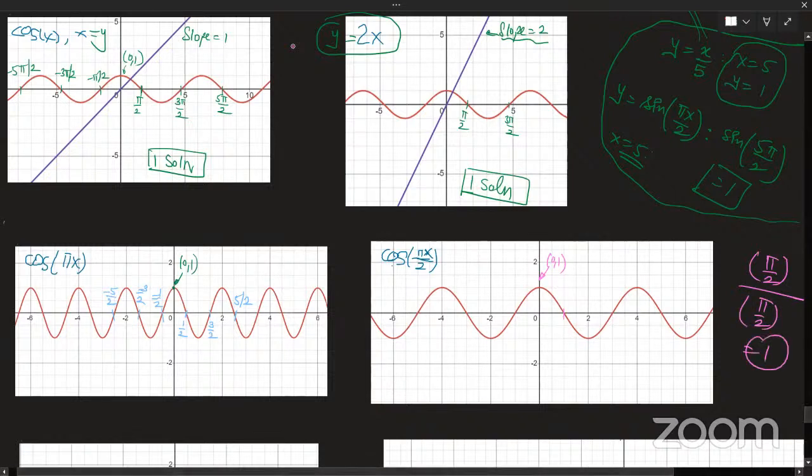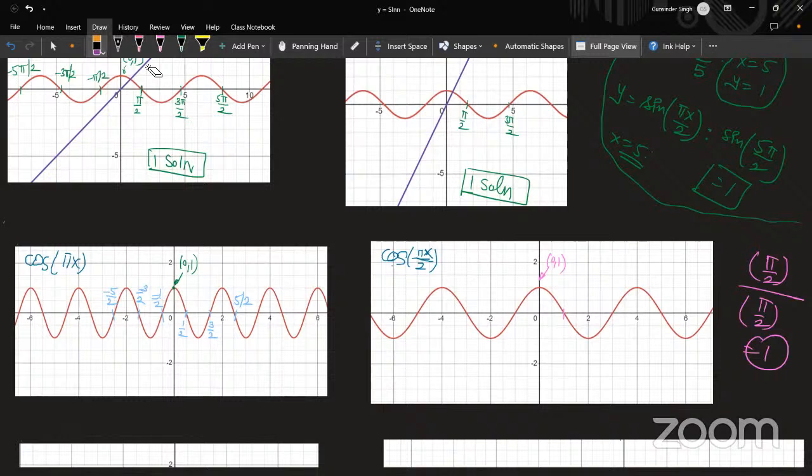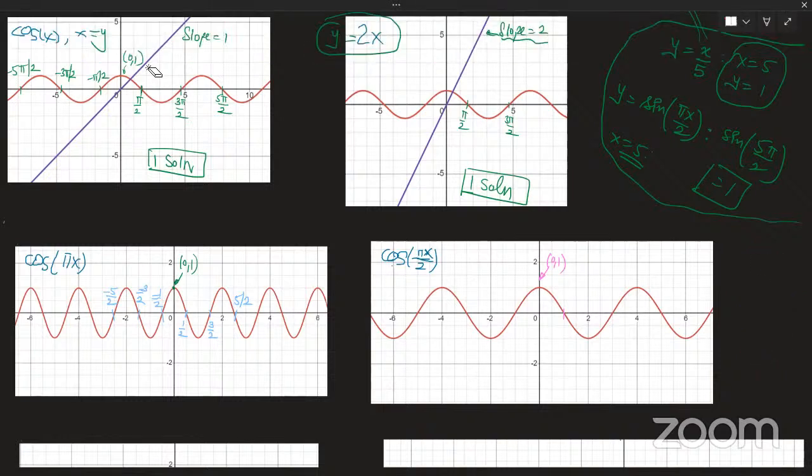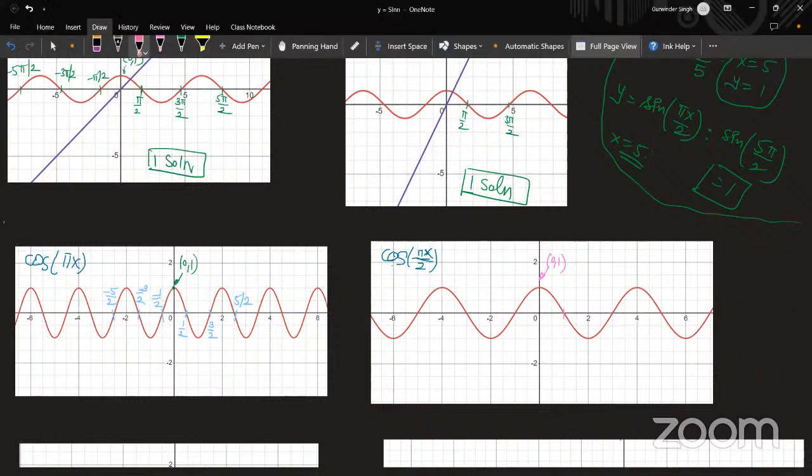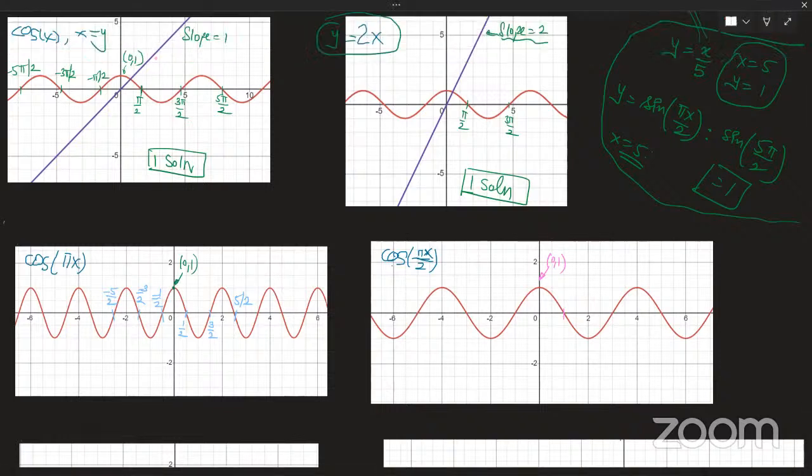So now it will come down at 1, right? Because it has decreased. So this point is 1, this point is 3, this is 5. Similarly, this is minus 1, minus 3, minus 5. Okay, got it?